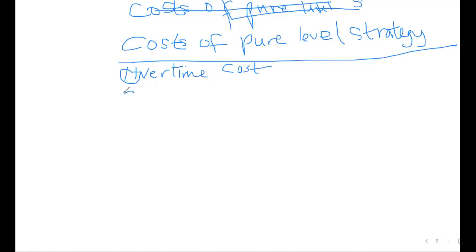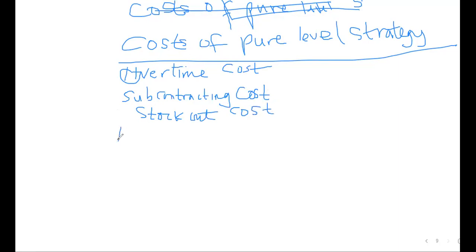We can have subcontracting. You have the stock out. And the regular or straight time cost.